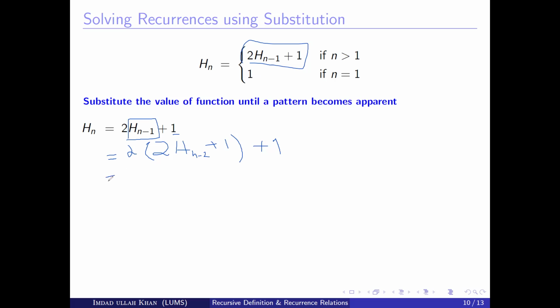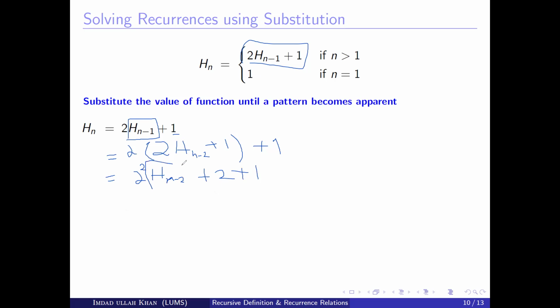Now if you try to summarize this, this is 2 raised to the power 2 times hn minus 2 plus 2 plus 1.